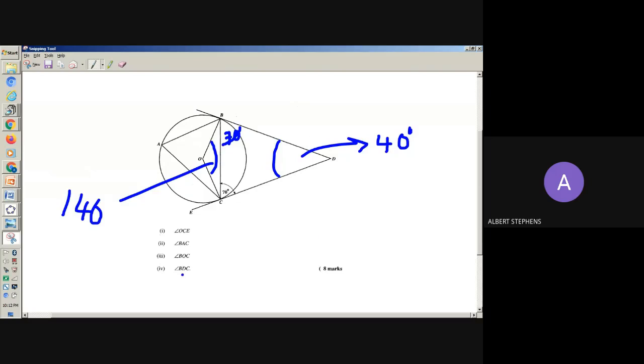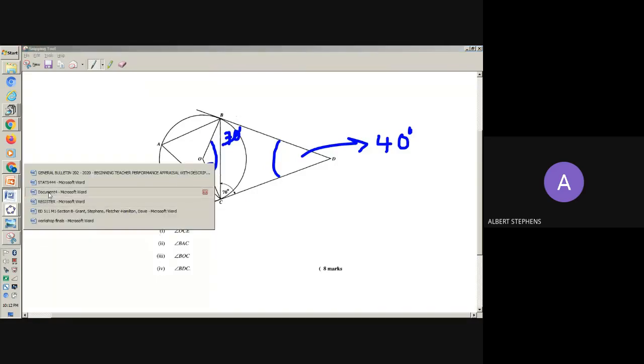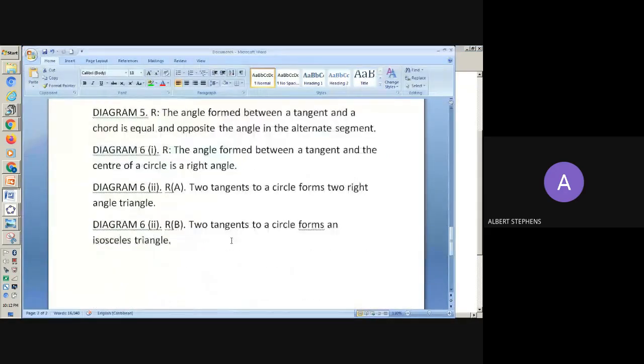And the reason would be two tangents to a circle forms an isosceles. All right? Or forms, I don't know why it's this form.